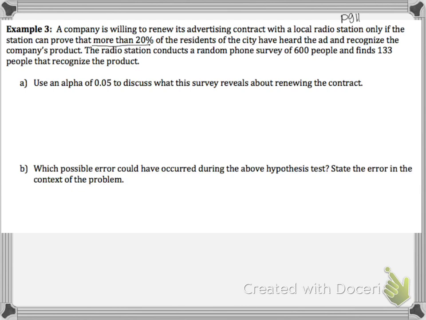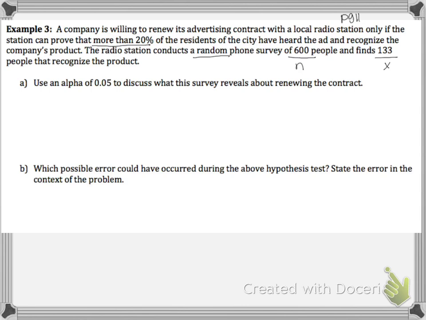Let's keep reading. The radio station conducts a random phone survey. Okay, so we've met our conditions with 600 people. Remember that whatever comes after the random survey is going to be our N. And it finds 133 people that recognize the product. Basically, they asked a yes or no question: do you recognize the product? They asked 600 people. 133 said yes.